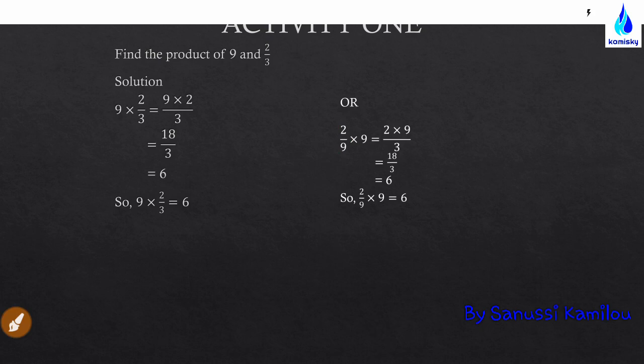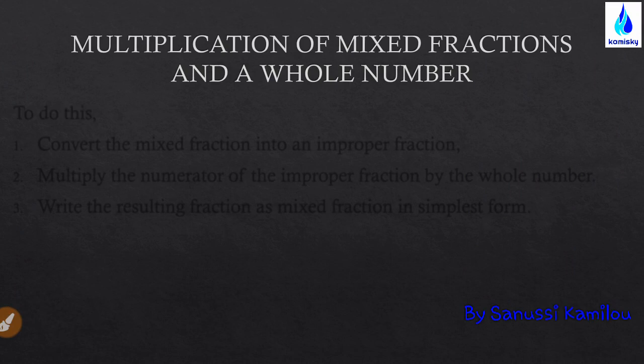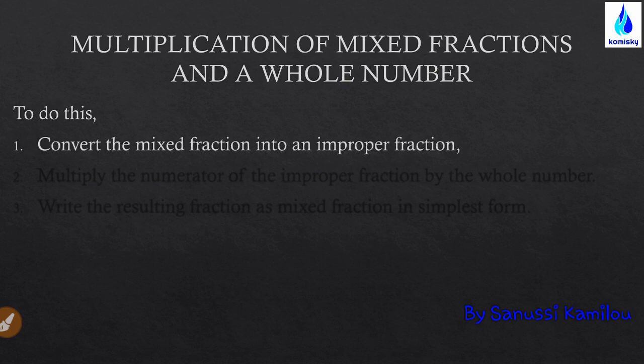Now we can move to the next level. Do you know that we can also multiply a mixed fraction and a whole number? If you know it, that's good. So, multiplication of mixed fractions and a whole number. To do this, convert the mixed fraction into an improper fraction.